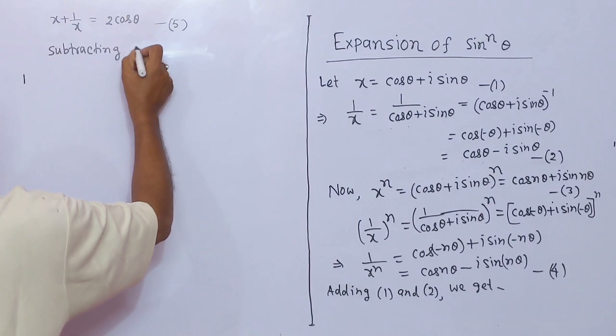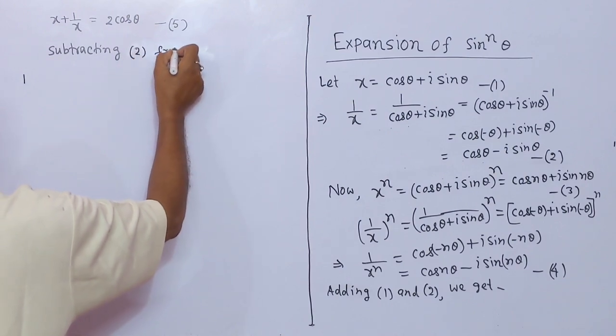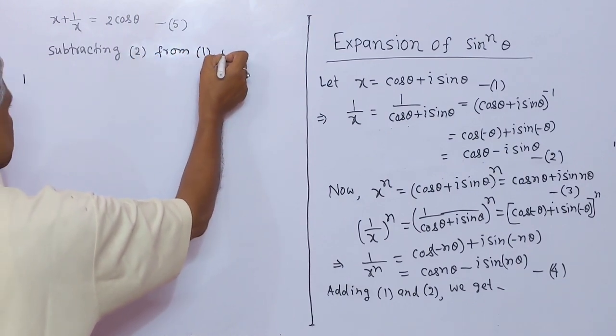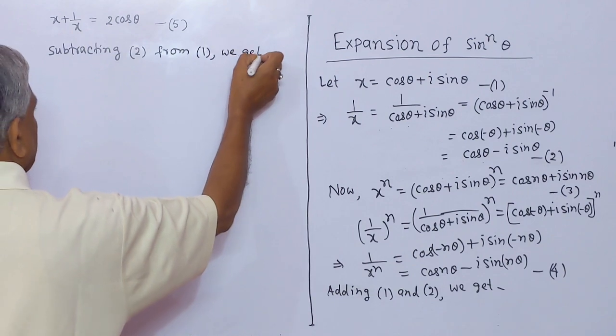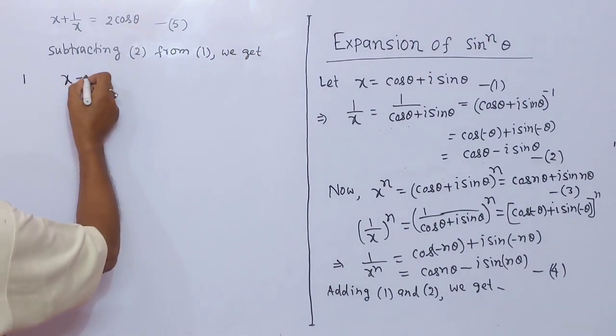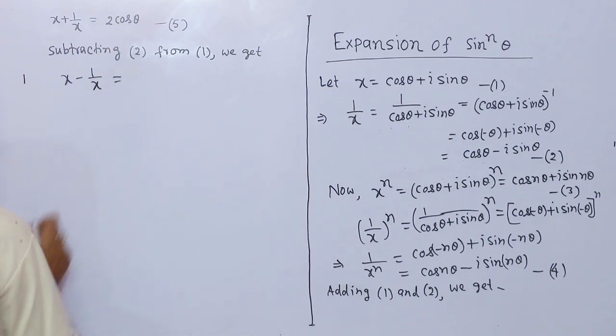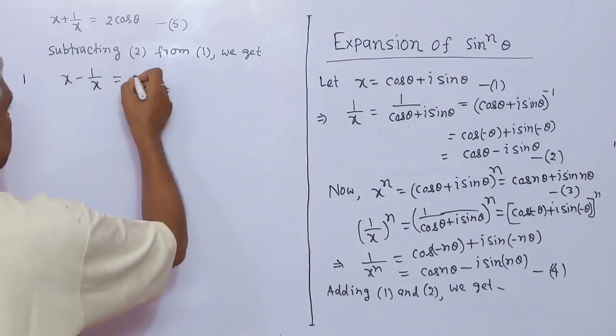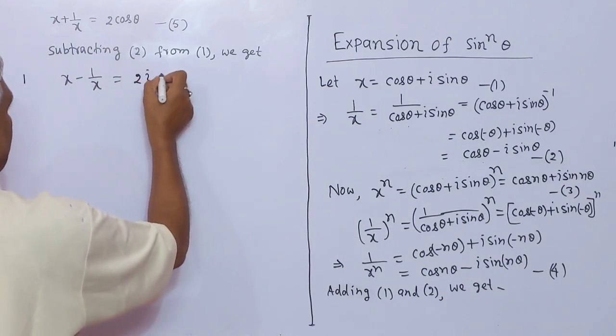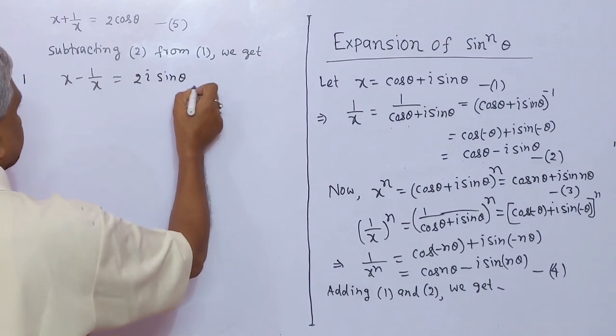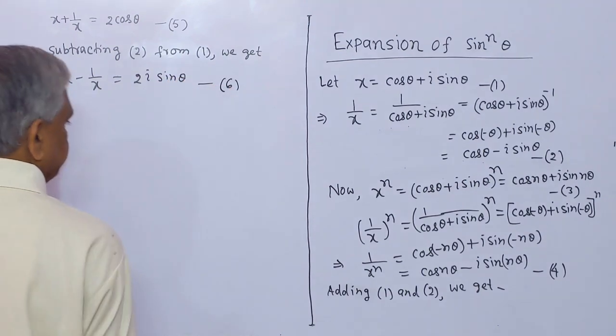Subtracting 2 from 1, we get x minus 1 by x equal to 2i sin theta. This is number 6.